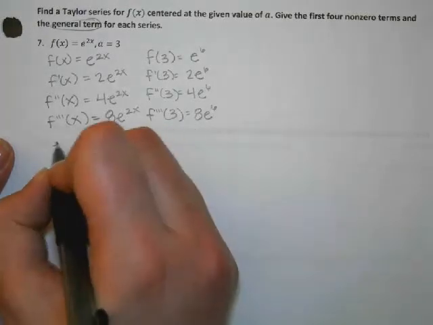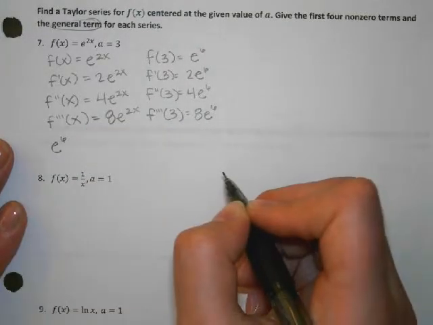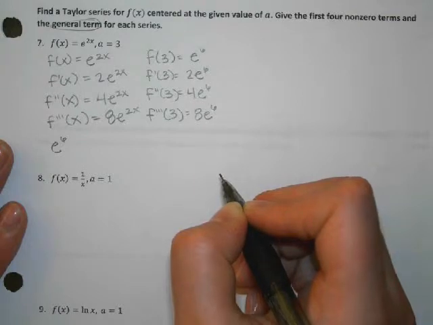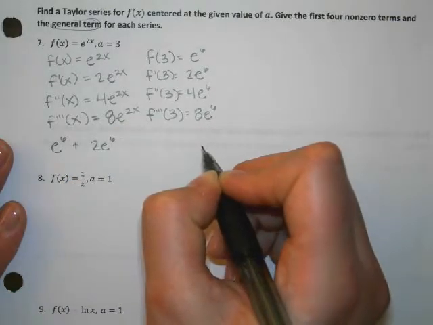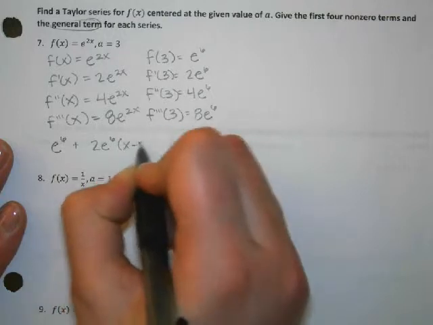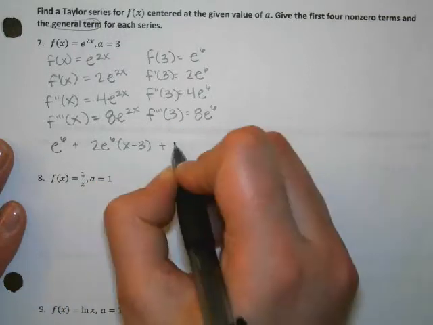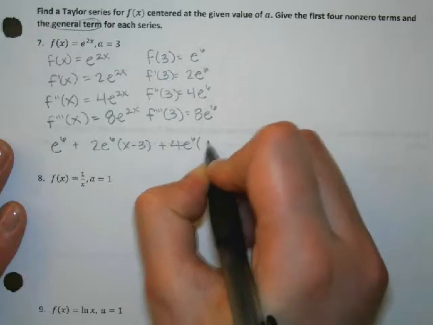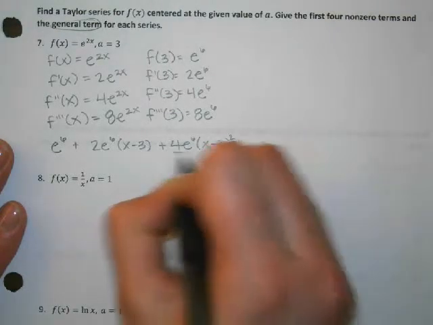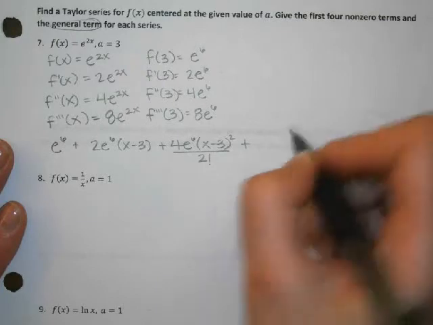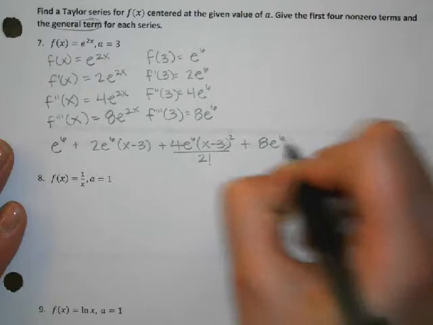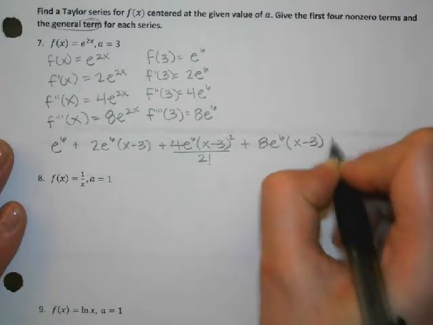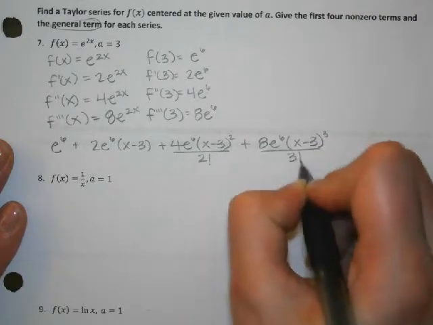So we have e to the 6th, and then x minus 3, plus 4e to the 6th, x minus 3 squared, over 2 factorial, plus 8e to the 6th, x minus 3 cubed, over 3 factorial.